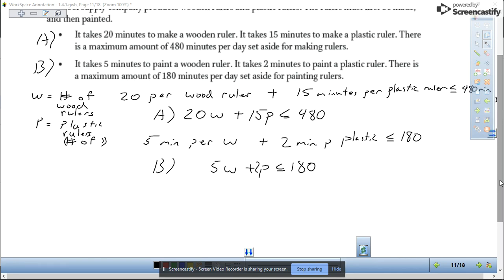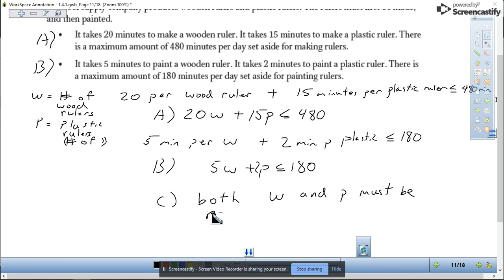So I'm also going to add down here, maybe a part C if you want to call it this, both W and P must be positive. Okay, so W is greater than or equal to 0, and P is greater than or equal to 0.